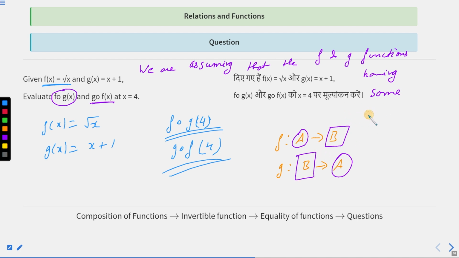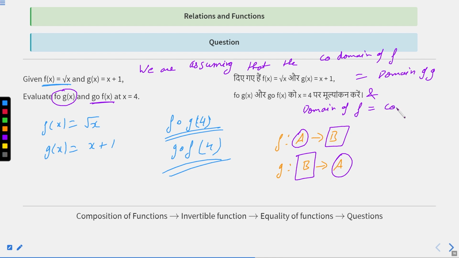So let me rewrite it. We are assuming that the codomain of f is equal to the domain of g, and the domain of f is equal to the codomain of g. Okay, now it's good.